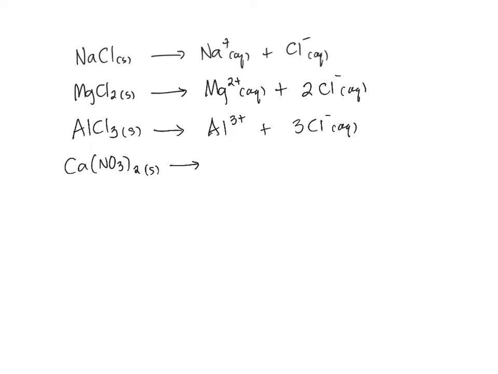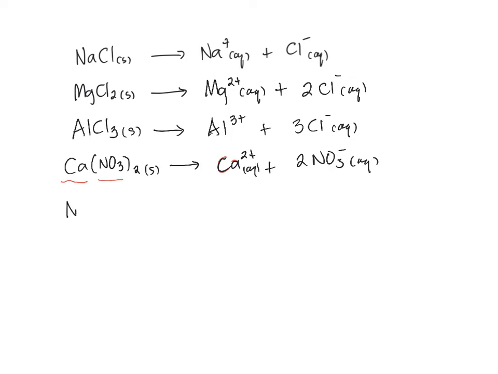So remember that there is calcium as the cation and nitrate as the anion here. So we write it as calcium 2 plus and 2 nitrate ions.